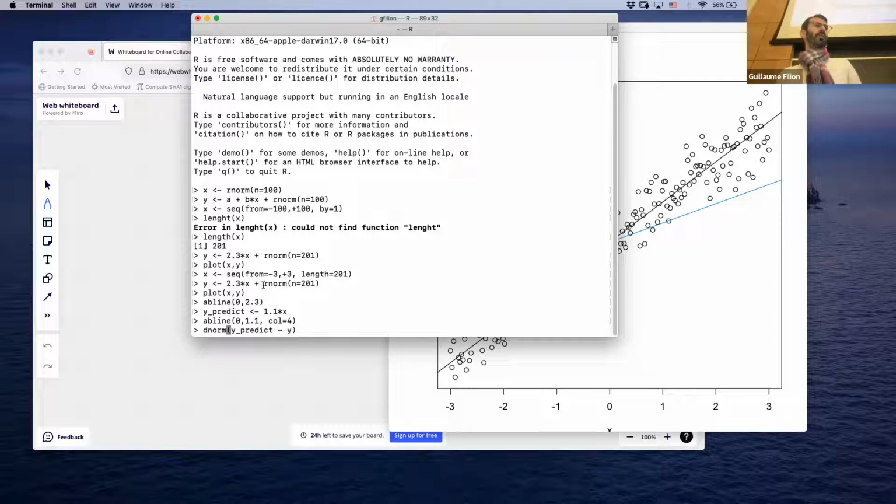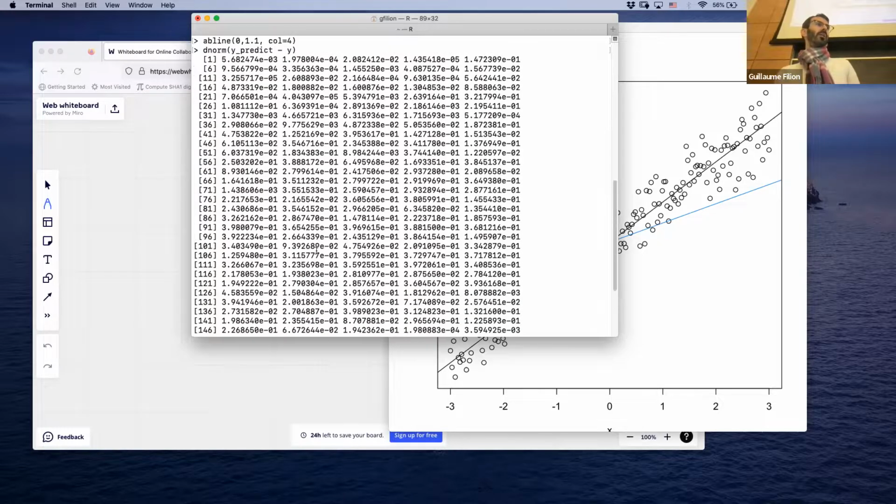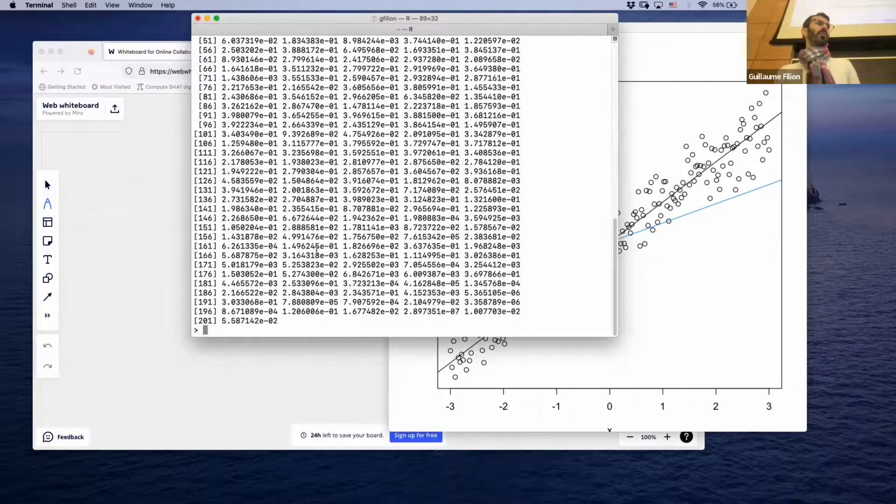Because I remind you that this here is the only random part. So I got 201 numbers. What they are does not matter very much. I'm taking their product to get the likelihood of the whole thing.